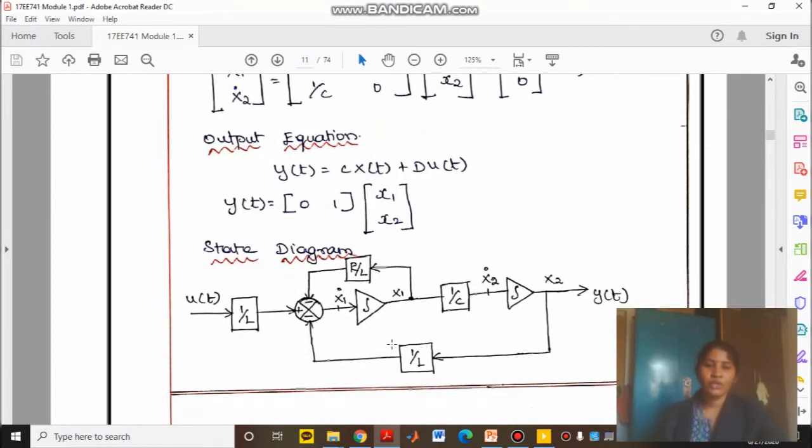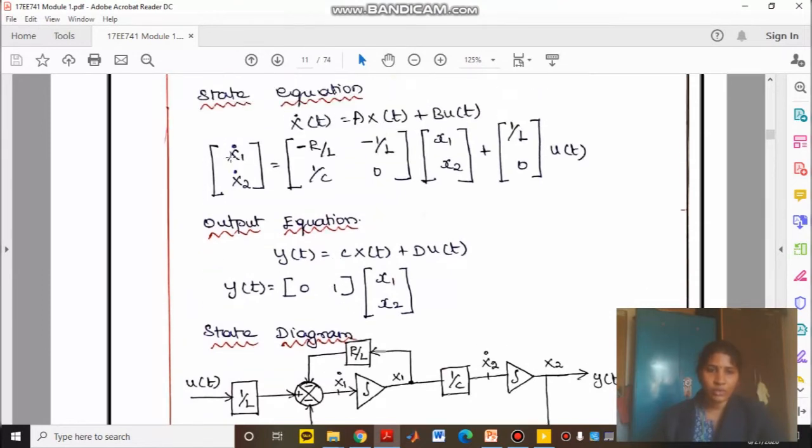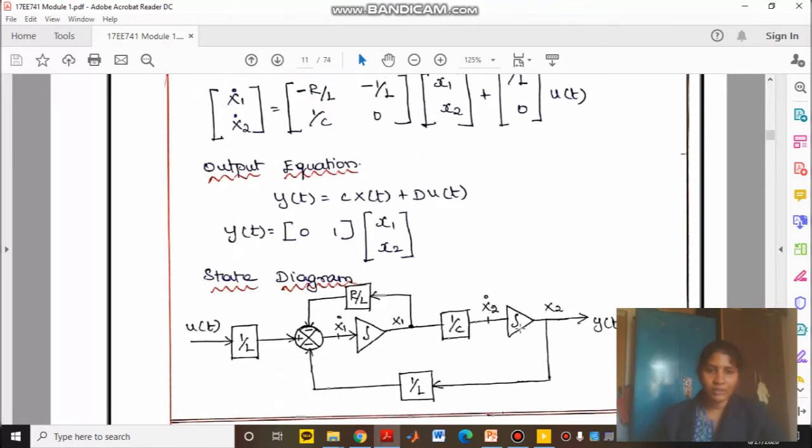So first we need to check. Here there are two energy storage elements, right? So we need two state variables, that is x1 and x2. But the state variables are always represented using first order differential equations, so you will have x1 dot and x2 dot. From this equation you have only x1 dot and x2 dot. So put 2 integrators.